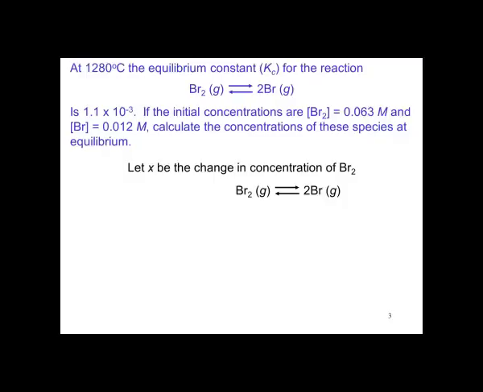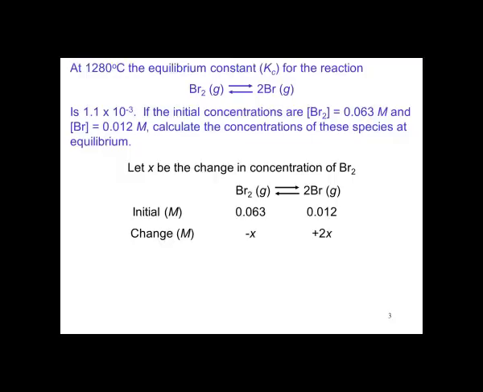Here is the equilibrium again. Initially, we have 0.063 molar Br2 and 0.012 molar Br. We're going to say the change is minus x, minus because Br2 is disappearing, and a positive 2x for Br.